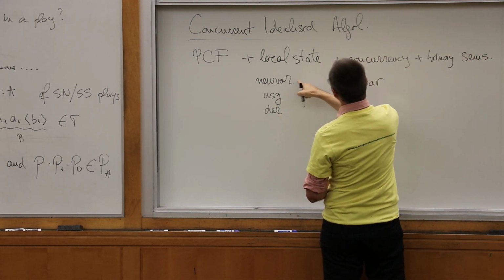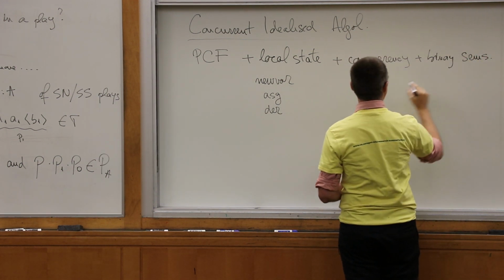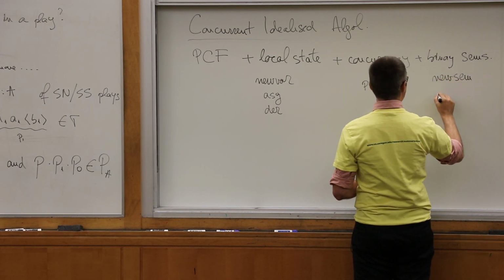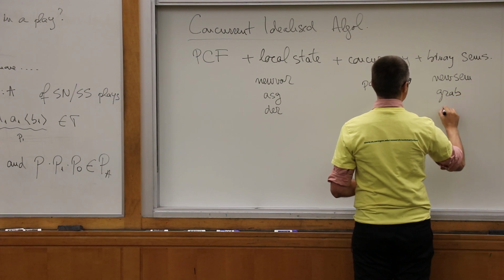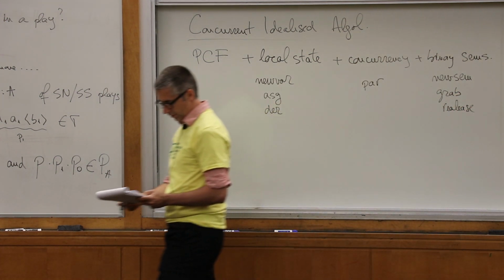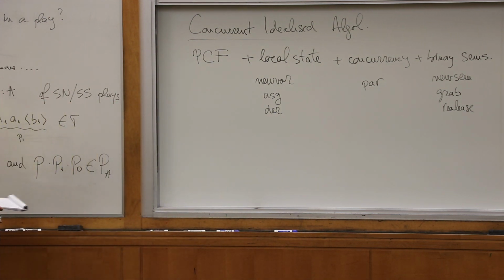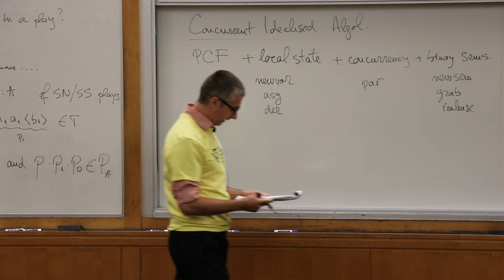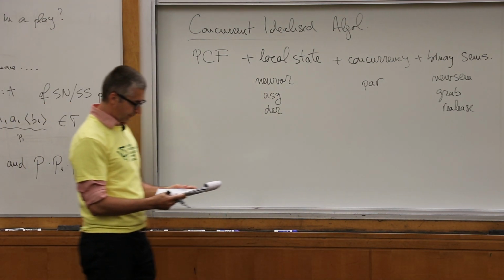So the semaphores are going to be local, just like the variables, and they're going to have grab and release operations. Okay. So it's a very expressive language.